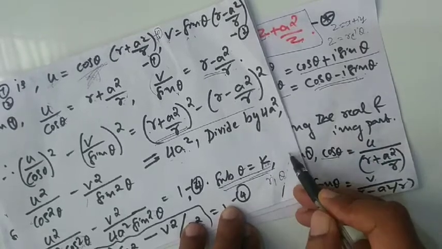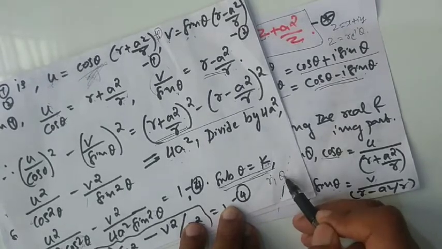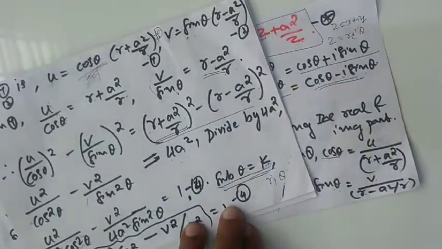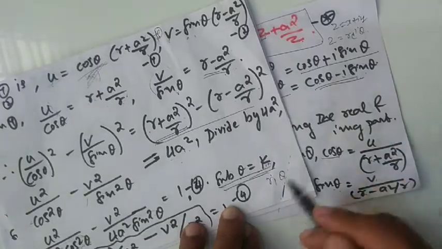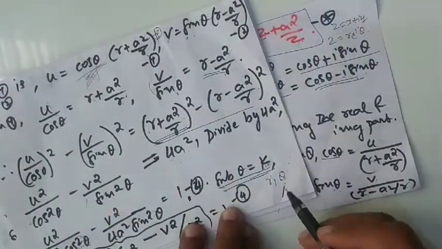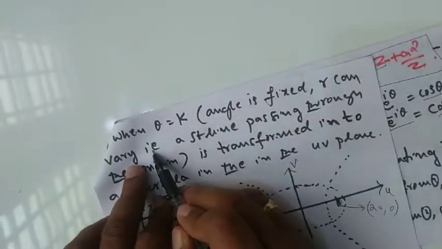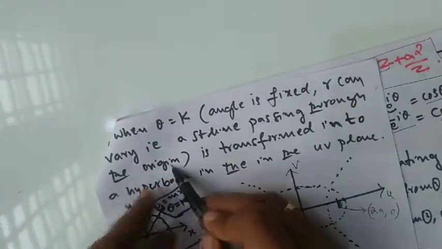So when I take a straight line, theta is fixed, you cannot rotate. So it will not be a circle or some other shape. It will remain a straight line. So when theta is equal to k, that means angle is fixed, r can vary, that is a straight line passing through the origin.